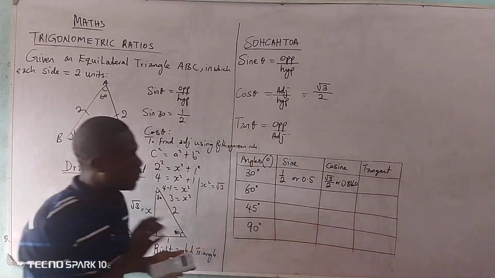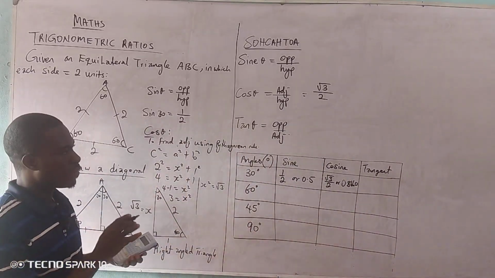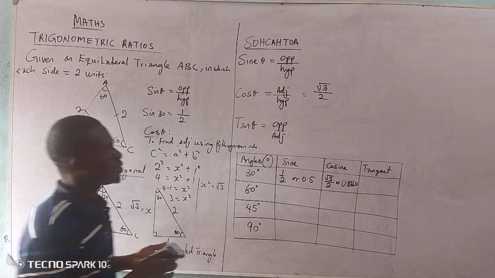So that is the decimal value of that. Then let's go for tangent theta.